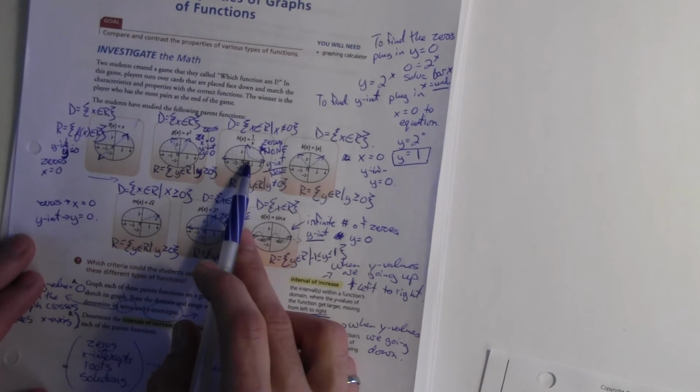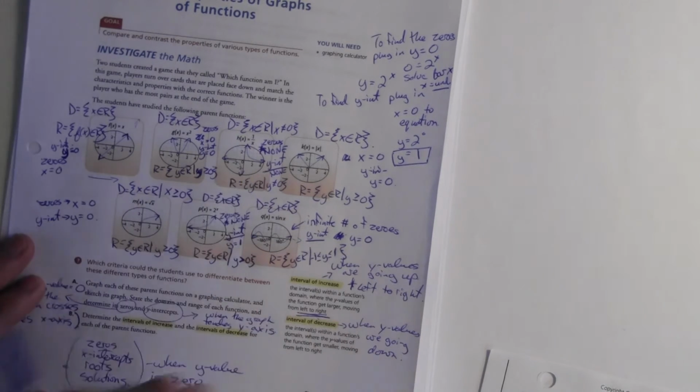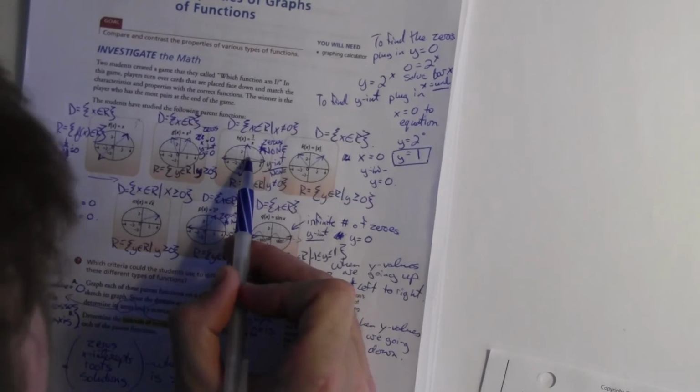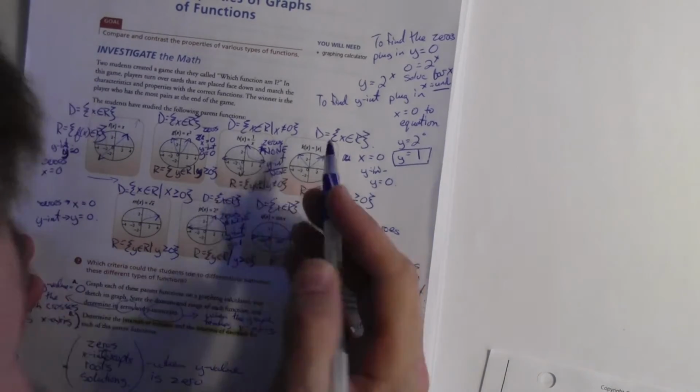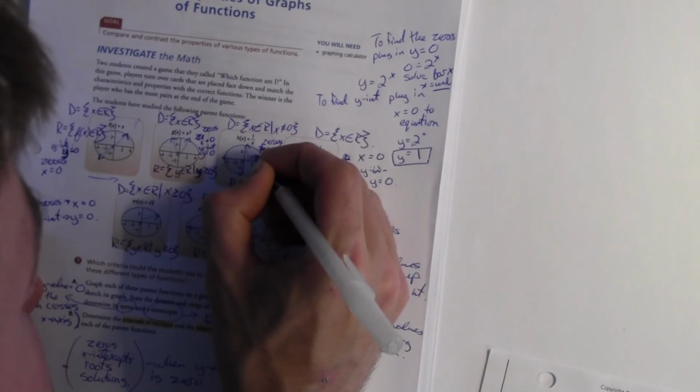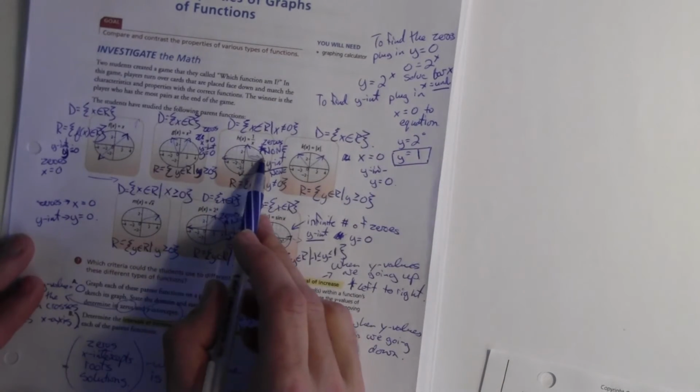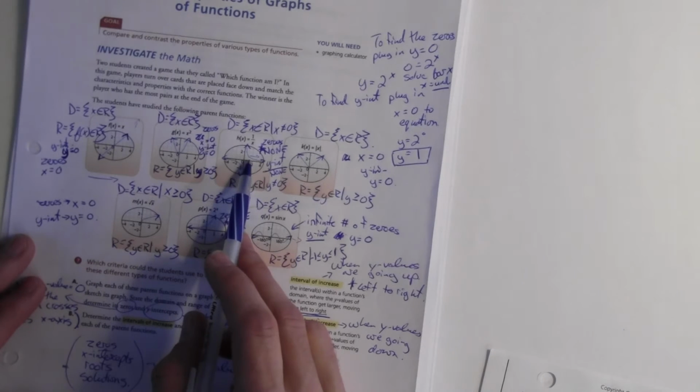Ramon, what about this one? Interval of increasing. 1 to positive infinity. No. So you're saying from here, the values are going up? Oh, there's actually none. How come?